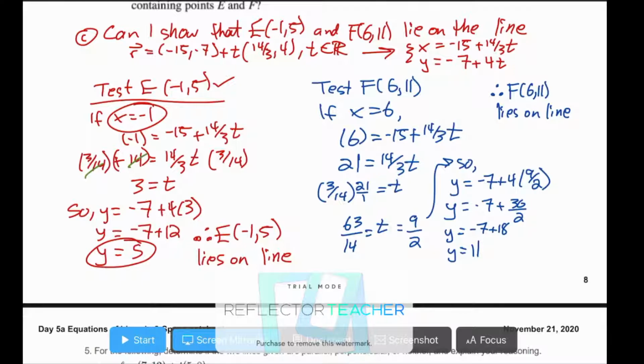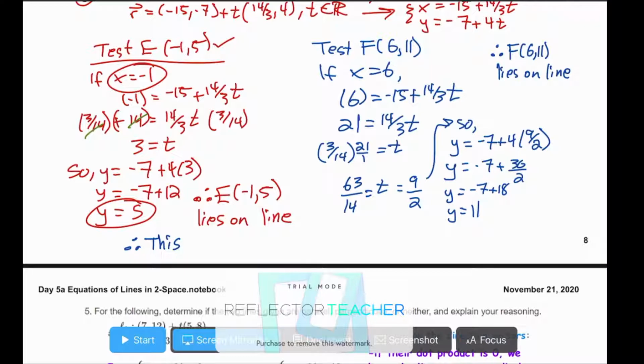So this proves that r equals (-15, -7) plus t(14/3, 4), where t is an element of the real numbers, does also represent this line, because both of these points are on the line. So therefore, this equation does represent the same line.